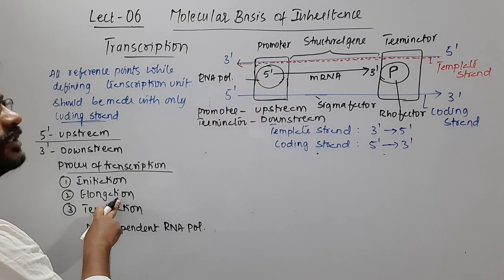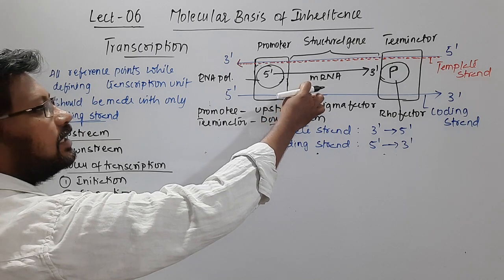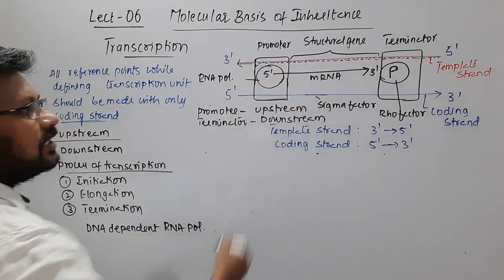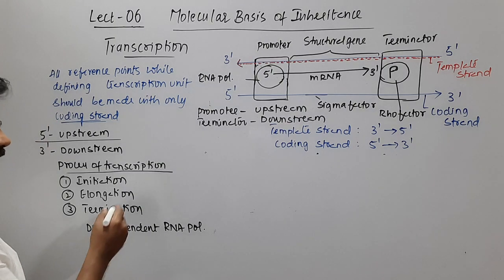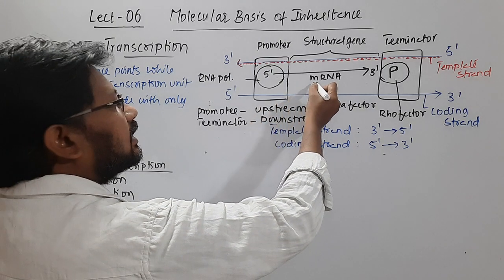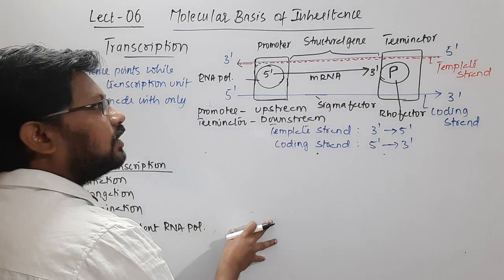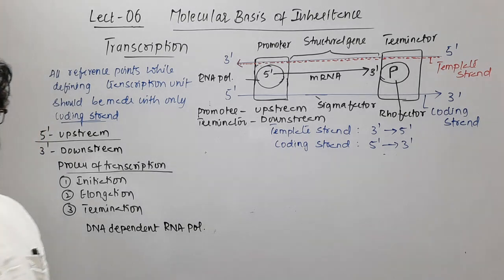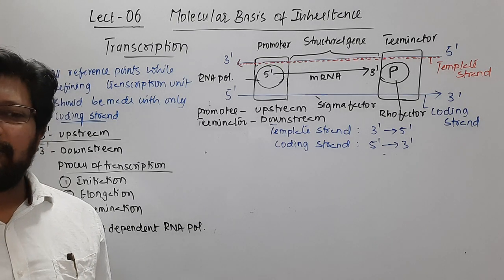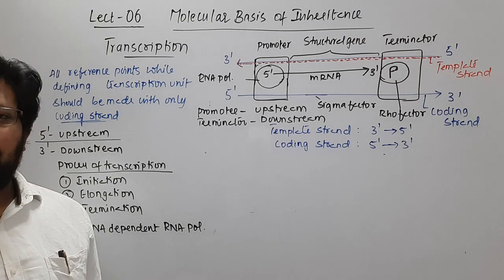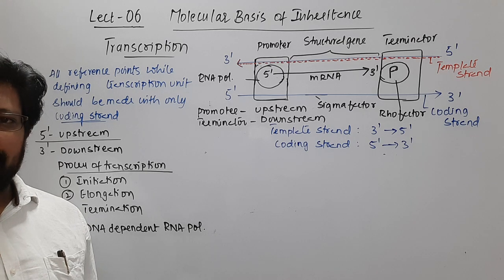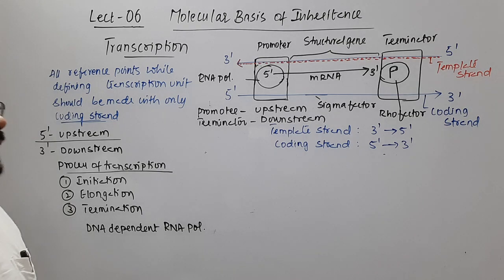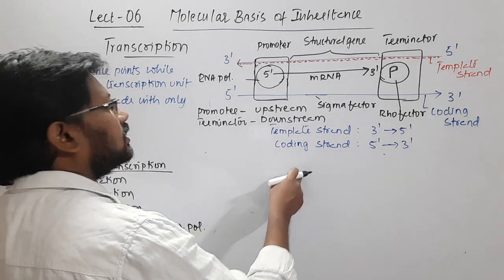And elongation means right here we see the RNA polymerase moving over the structural gene, and as a result the mRNA length goes on increasing. In the same way, in the process of replication I mentioned, the DNA polymerase enzyme adds nucleotide by nucleotide that results in increasing the length of the strand. Here also the same process takes place.